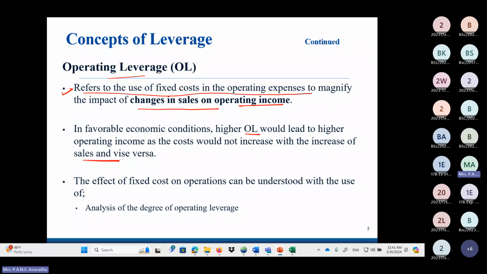It is favorable. So that is why I mentioned at the beginning, this leverage you have to use strategically. Leverage එක අපි පාවිච්චි කරන්න ඕන අපිට benefit එකක් එන විදියට. So in a favorable economic condition, using high operating leverage is okay, because when the sales are increasing, fixed operating expenses are not increasing. So then your profit will increase.